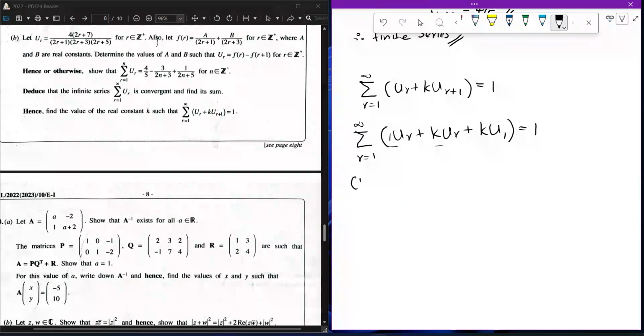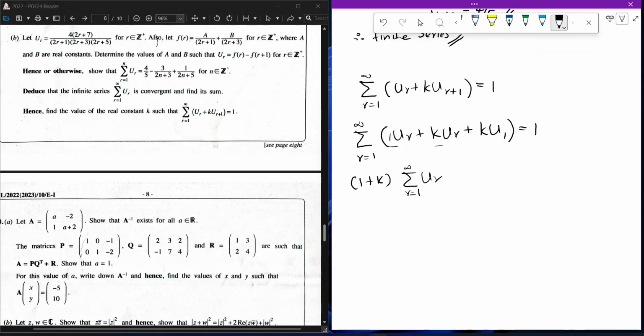So I'll take 1 plus k out, and then the sigma from r equals 1 to infinity of u_r.